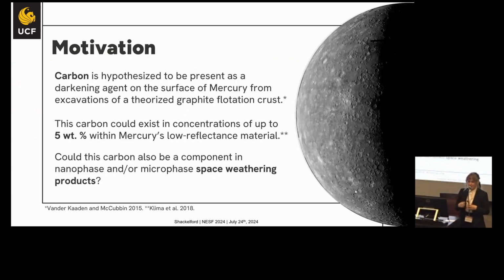So why do we care about any of this that I'm going to talk about today? Carbon is hypothesized to be present as a darkening agent on the surface of Mercury from excavations of a theorized graphite flotation crust. And this carbon could exist in concentrations of up to 5 weight% within Mercury's low reflectance material. So the question that we're asking is, can this carbon also be a component in nanophase or microphase space weathering products?